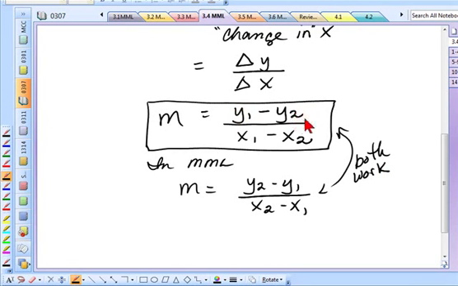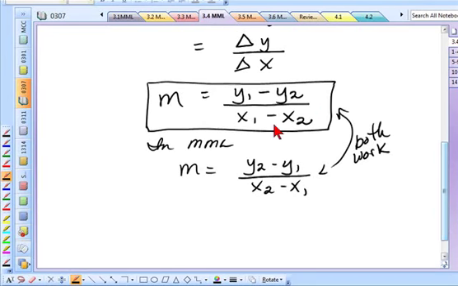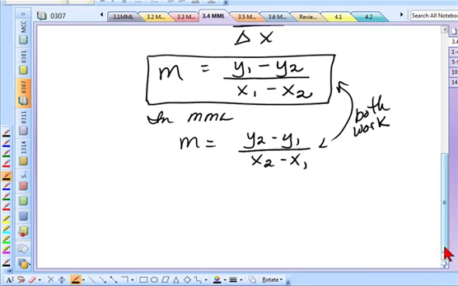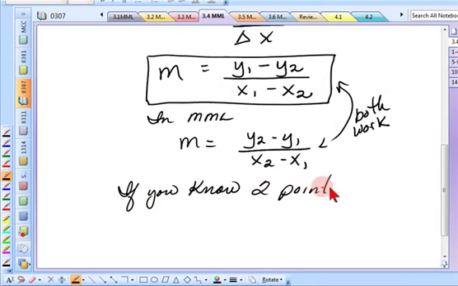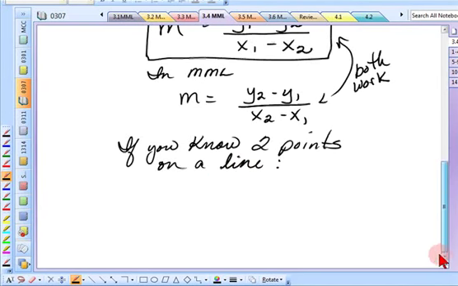Now, what are those x1s and y1s and x2s? What is all that? I will show you. That has to do with if you know 2 points on a line. What are we going to call 2 points on a line?